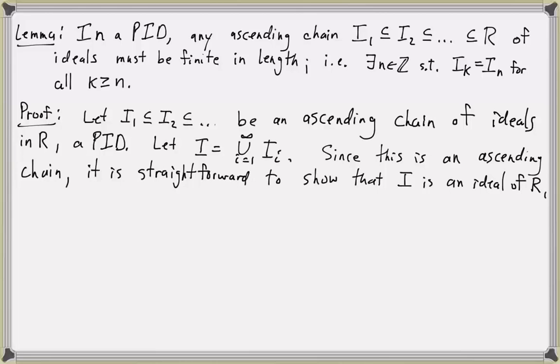So since R is a principal ideal domain, this ideal I is principal. So since R is a PID and I is an ideal, we have that I must be the ideal generated by some element a.